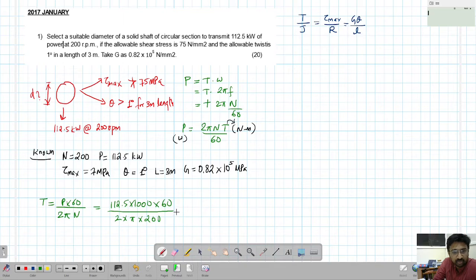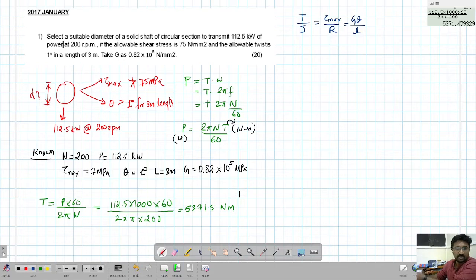If you calculate this, 112.5 times 1000 times 60 divided by 2 times pi times 200, it comes out to be 5371.5 Newton meter. So this is done.